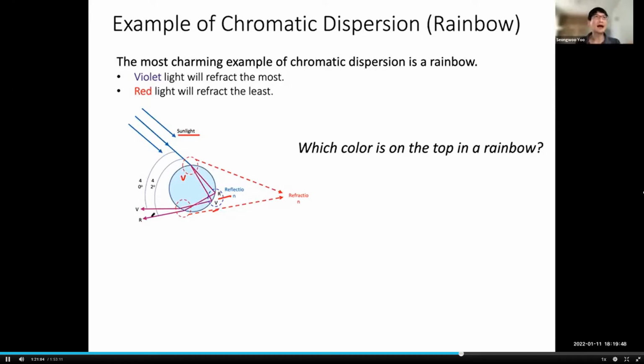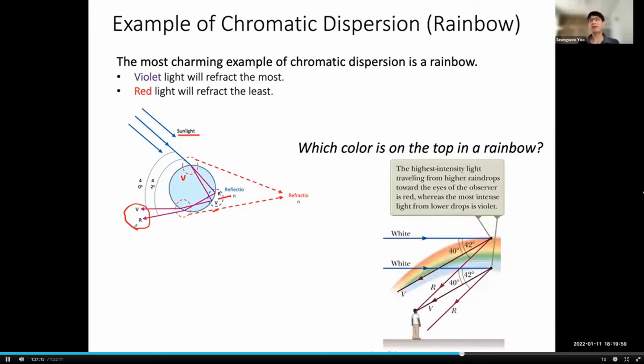Therefore, when they come out of this water droplet, they will take different paths because their angles are different. Therefore, when we look at the rainbow, the red color is always on the top of the rainbow and blue is at the bottom, because of this dispersion and the corresponding refraction angles being different.